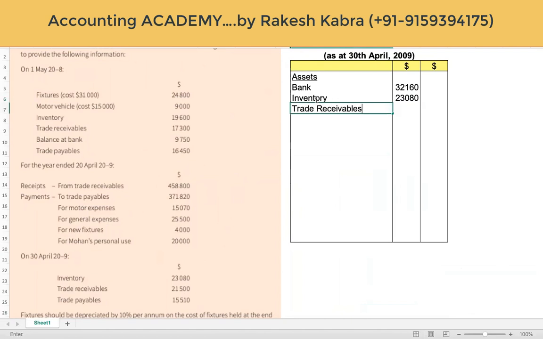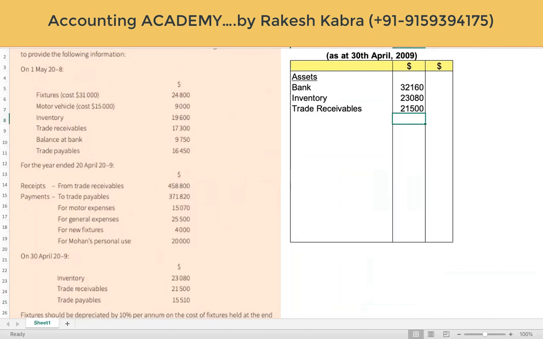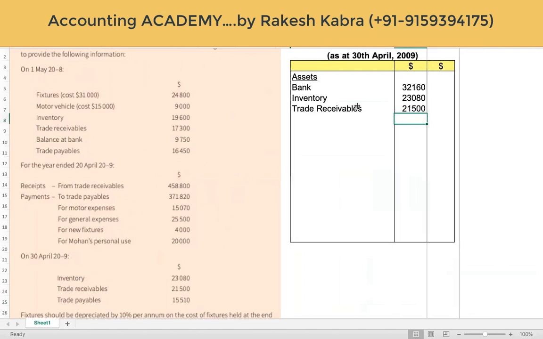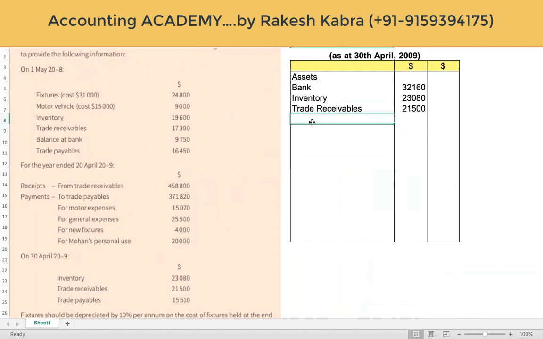Trade receivables is 21,500 closing. Okay, done. There is no other current asset.